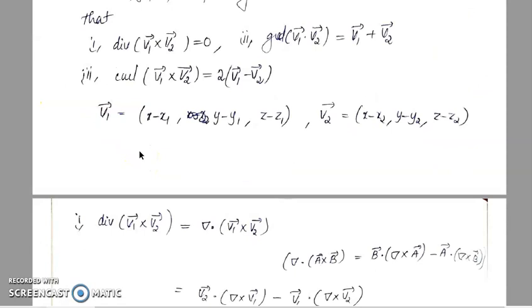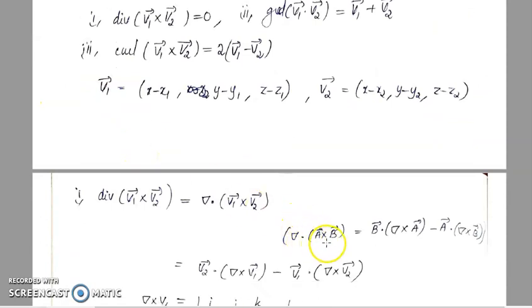The first one is divergence of a cross b, and we have already seen its proof. Divergence of a cross b is b dot del cross a minus a dot del cross b. Here a is equal to v1 and b is equal to v2. So applying this you will get v2 dot del cross v1 minus v1 dot del cross v2.